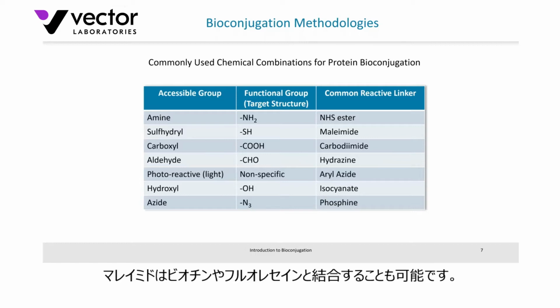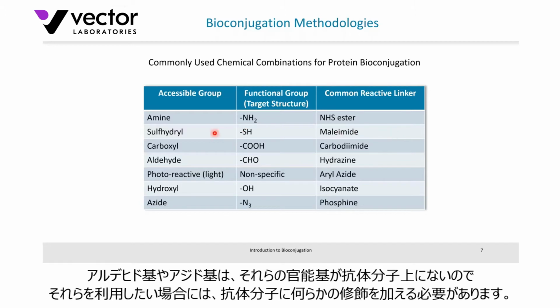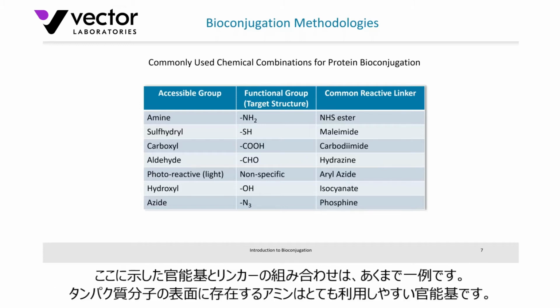That maleimide indeed may then be conjugated with a biotin or a fluorescein itself, but the antibody itself would have to be modified. The same thing with some of these other groups like aldehydes and azides, which are not present on antibodies, so the antibody itself would have to be modified in order to use a given linkage or reactivity or bioconjugate methodology.